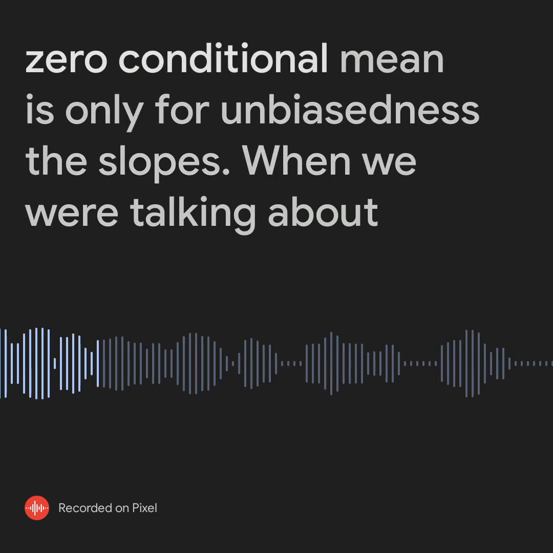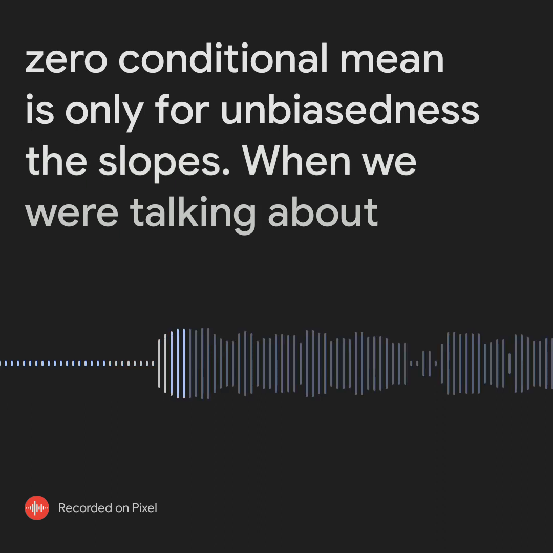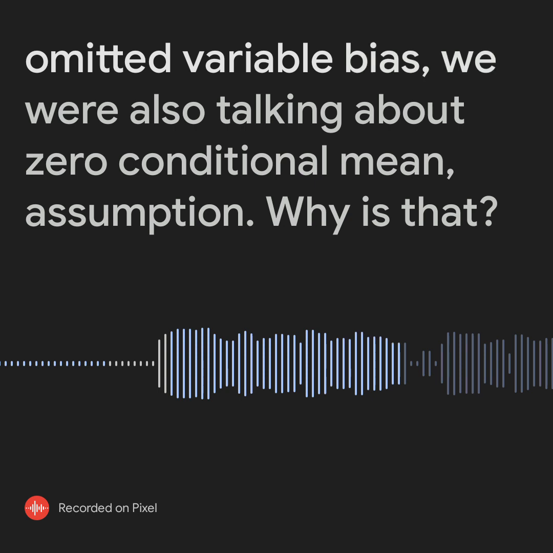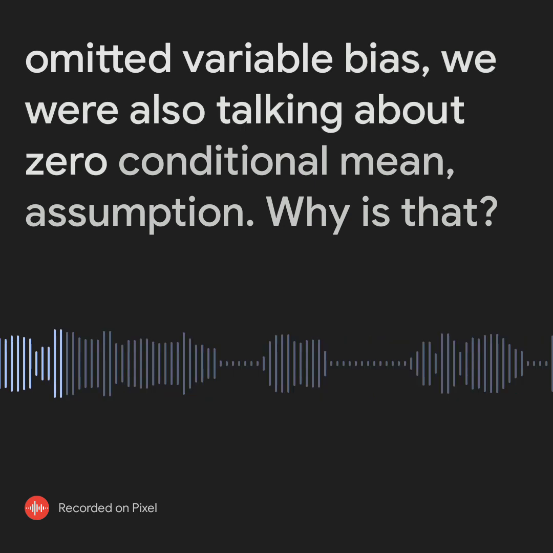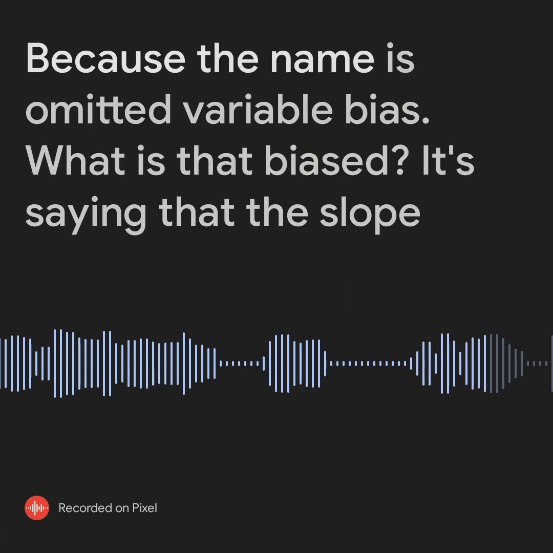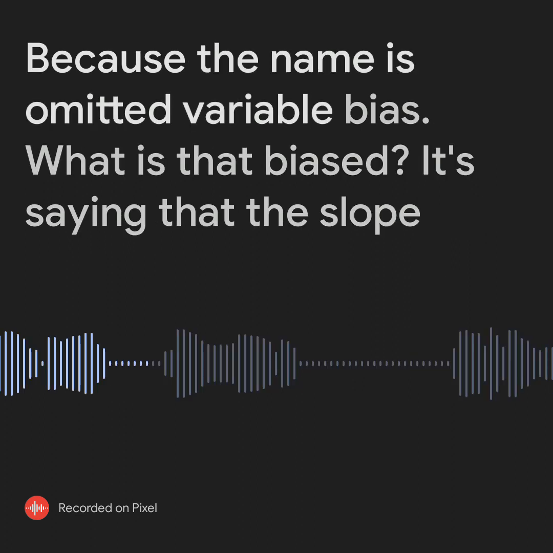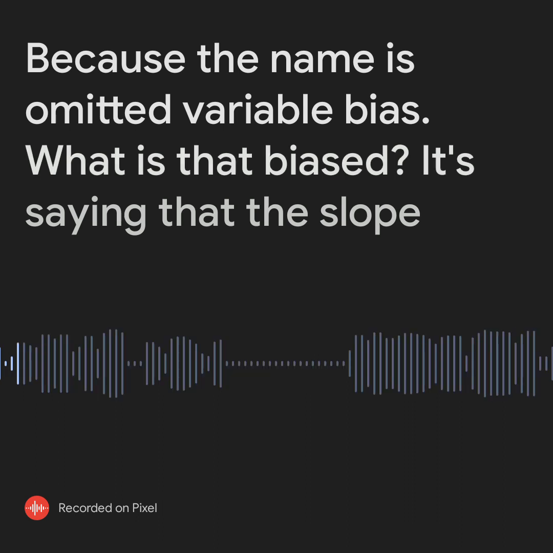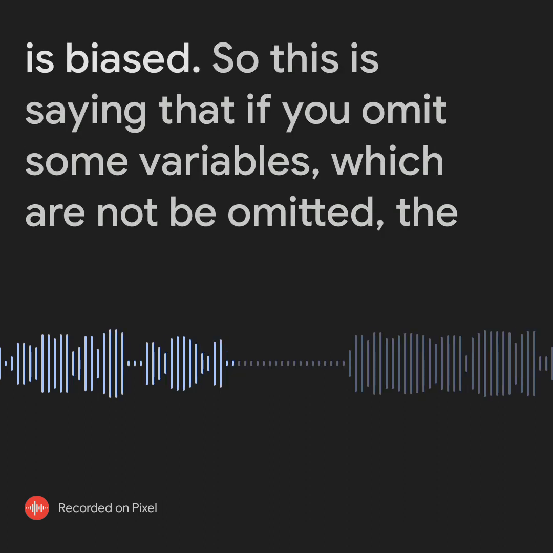So the zero conditional mean is only for unbiasedness of the slopes. When we were talking about omitted variable bias, we were also talking about a zero conditional mean assumption. Why is that? Because the name is omitted variable bias. What is biased? It's saying that the slope is biased.